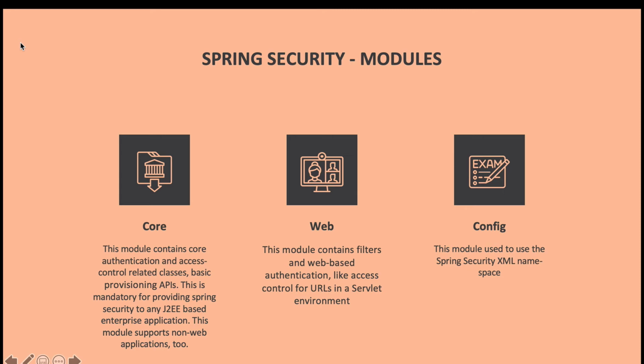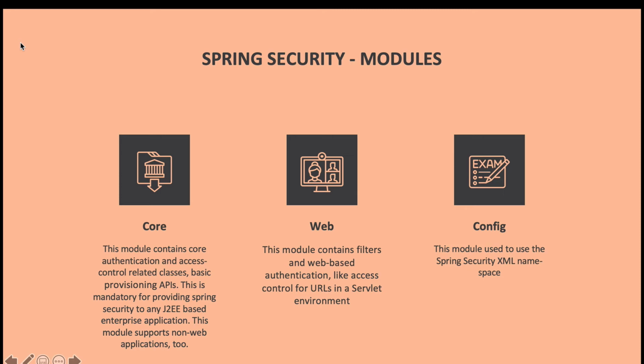Apart from the core module, you will be adding a web module, which is going to bring certain filters into your infrastructure, and mechanisms like URL patterns and matching so that you can control which areas of your application are secure and which are non-secure.